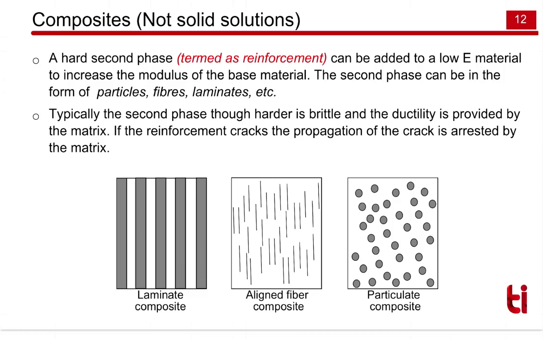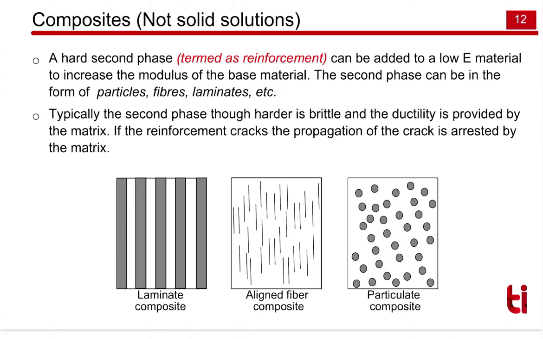Just to give you an example, around you, in a building, probably you may be sitting in some building where there will be a beam. That beam is made up of concrete and the reinforcement is done by a steel rod. Concrete is brittle in nature as well as high modulus, but at the same time you are reinforcing it with steel because steel has ductility.